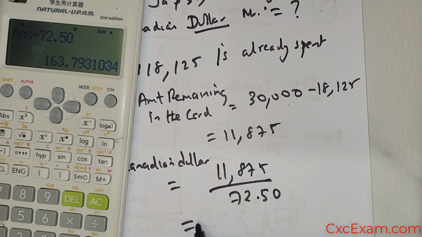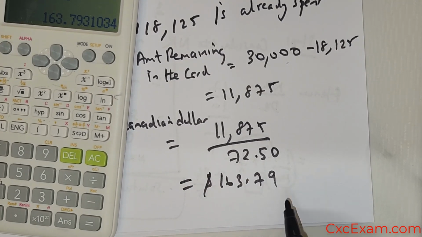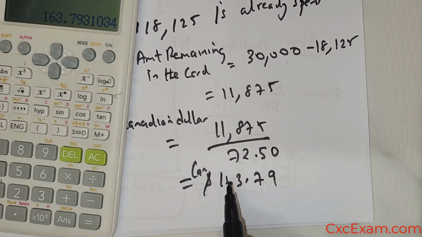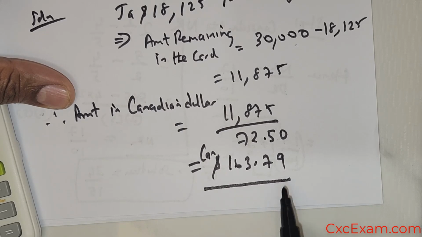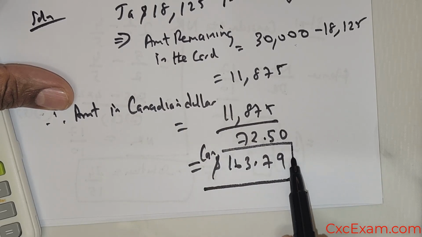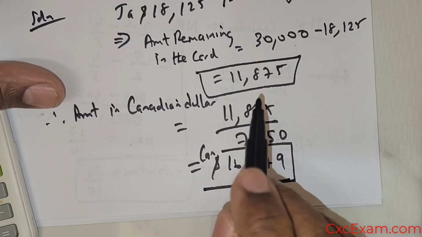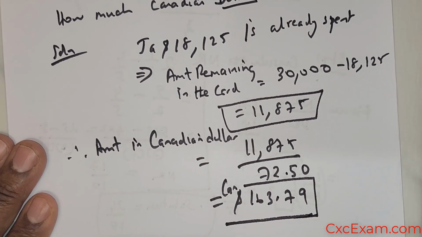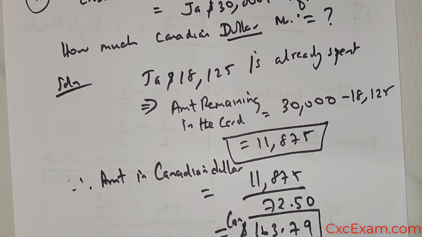You get 163.79 Canadian. So the amount in Canadian dollar is 163.79. You can box this value. Similarly, you can box the other, so that the examiner is aware that you are systematically executing the solution to the question.